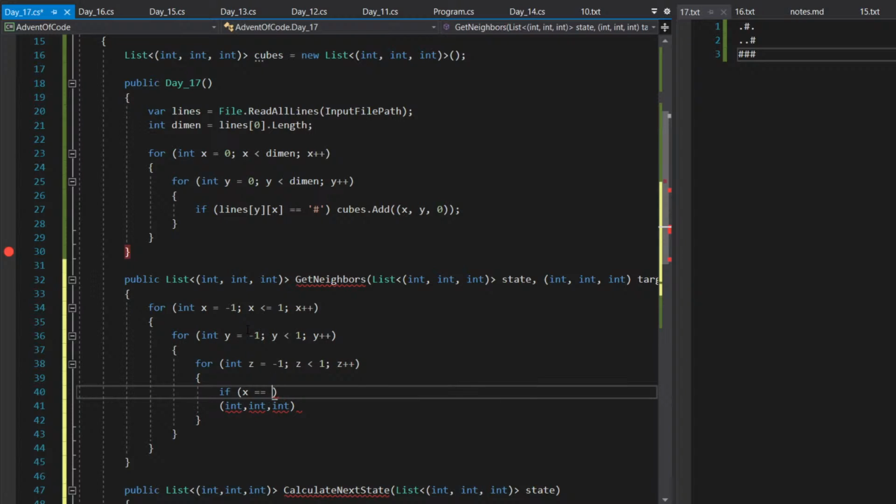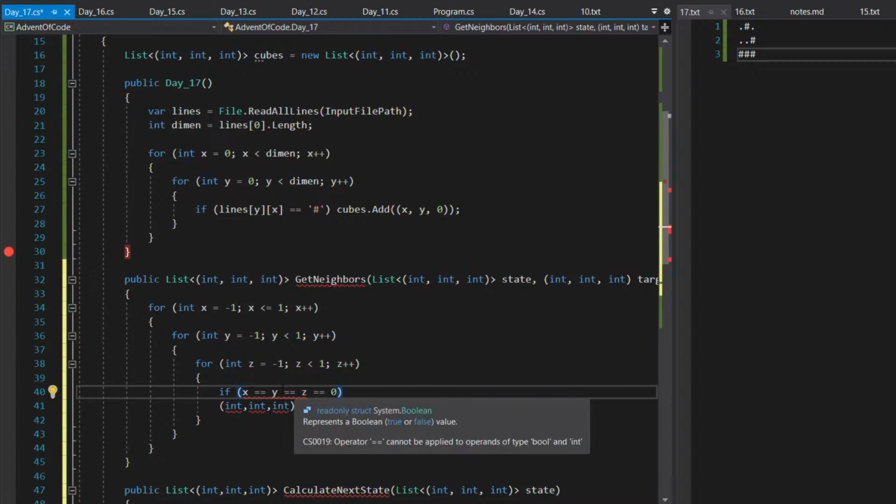Dang. Can I chain things together like this? No, not in this language.